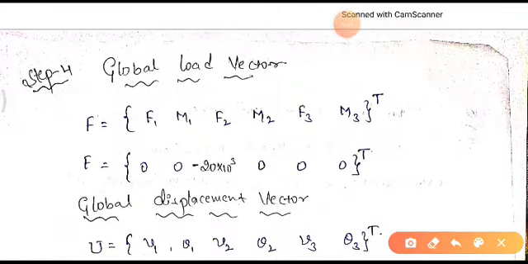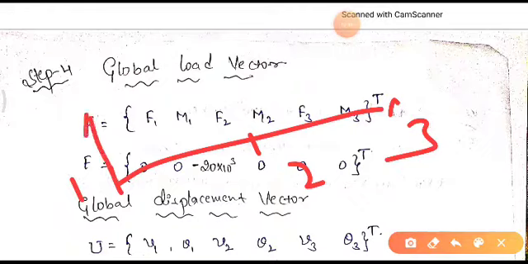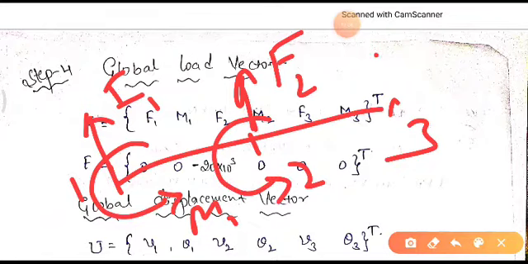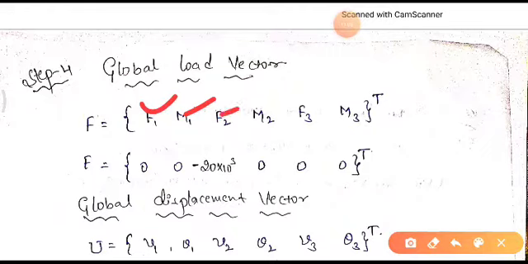If you see this figure, here we have nodes 1 2 3, and here we have force F1 and moment M1. Similarly in the second node we have force F2 and moment M2, here F3 and M3. So those we have written here: F1 M1 F2 M2 F3 M3.